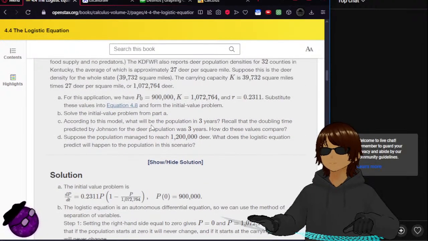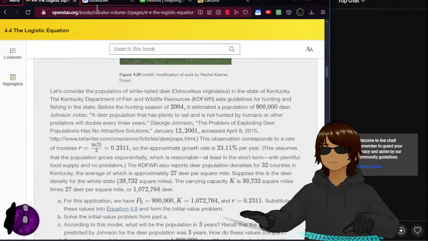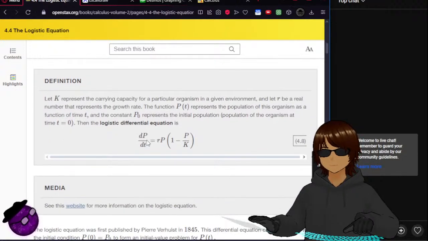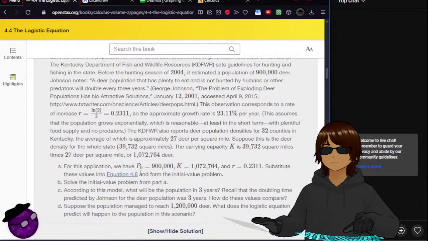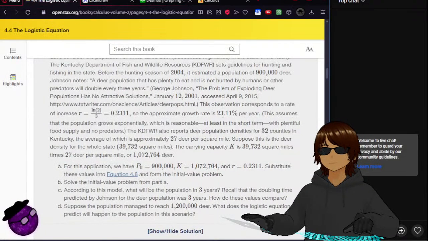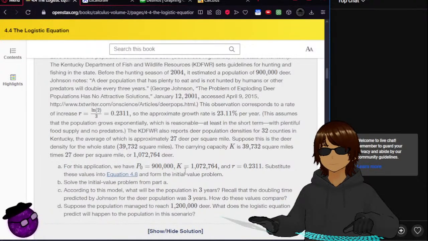According to this model, what will be the population in 3 years? We recall that the doubling time predicted by Johnson for the deer population was 3 years. With t, the input, is it in years?